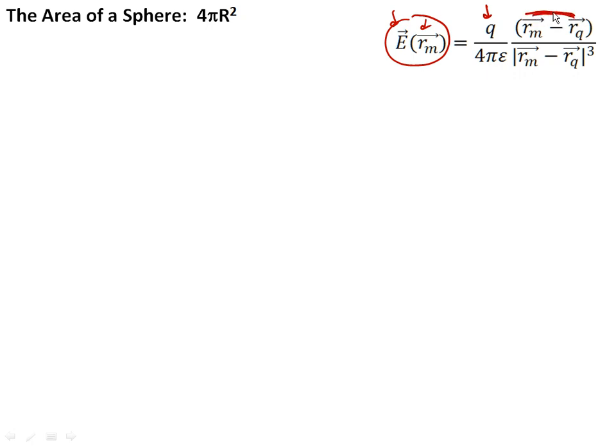So this is a vector that has a length of how far the measurement point is from the charge. And we also have a distance because there's the magnitude cubed in the denominator. So basically this is length to the first power up here, length to the third power down there. As we see, that's inverse square. But we have some terms we haven't explained down here, 4 pi and epsilon. Let's take a look at the 4 pi right now and see where that comes from.